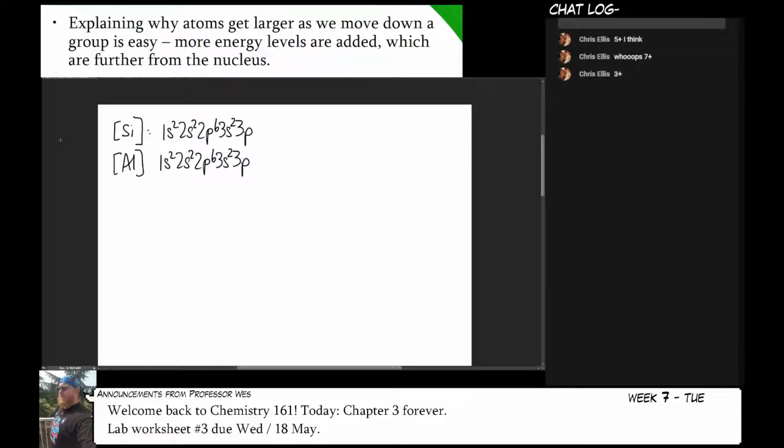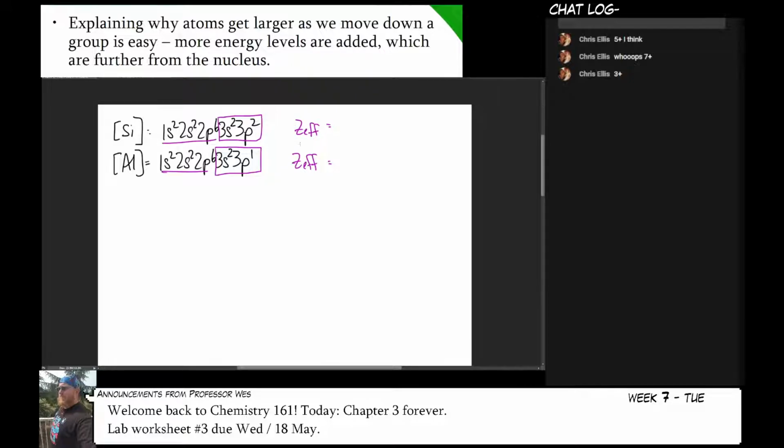There's our electron configurations. I'm going to circle the valence electrons on both of these. We're going to underline the core electrons. And then we'll calculate Z effective.